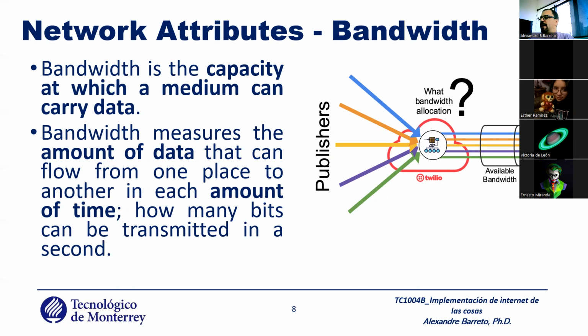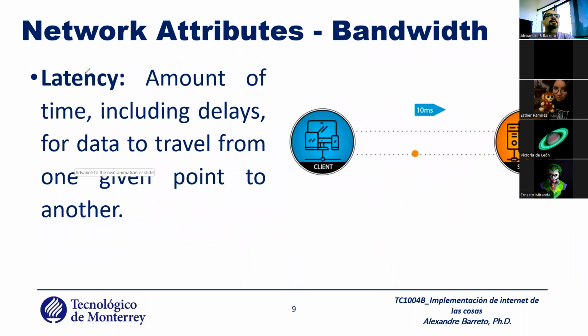If you use fiber, you have another capacity. Think of the network like a pipe. The bandwidth defines how much data you can pass through the cable.